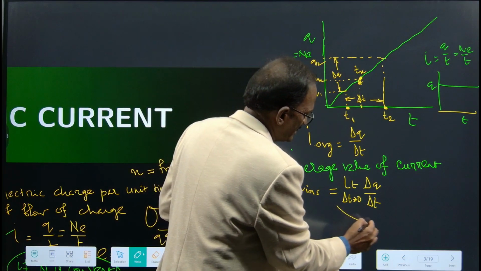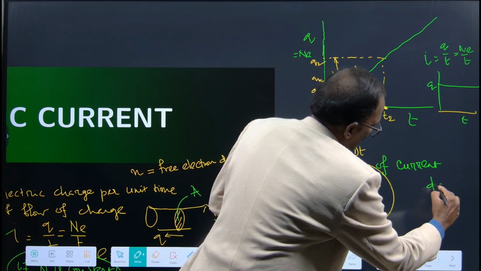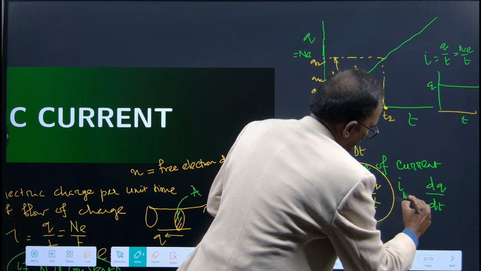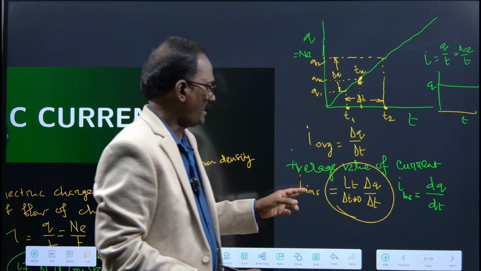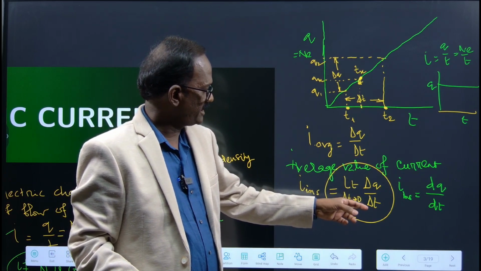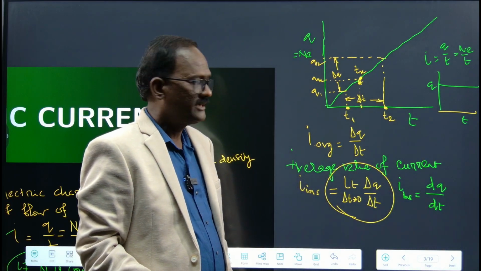So instead of writing this expression, it is easy for me, the alternate way of writing this equation. I instant is limit delta T tends to 0, delta Q by delta T, or I instant is equal to dQ by dt.